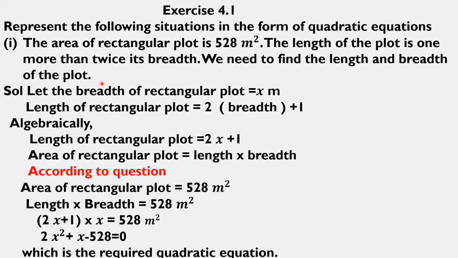As the plot is of shape rectangle, in the rectangle we know that there is a length and breadth. So first of all we consider that the breadth of the rectangular plot is equal to x meter. Now in the question it is given that the length of the plot is one more than twice its breadth. So we write the condition as length of rectangular plot is equal to twice of breadth plus 1.